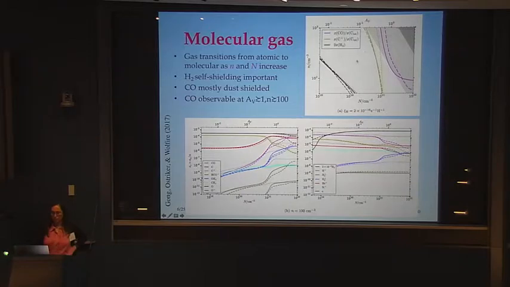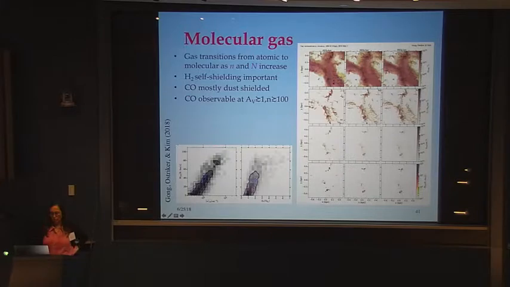You can see that you can get H2 at moderate density and column, but to get CO, you really have to get above AV of 1. And this shows as a function of column how you make a transition from mostly C+ to CO at large column.